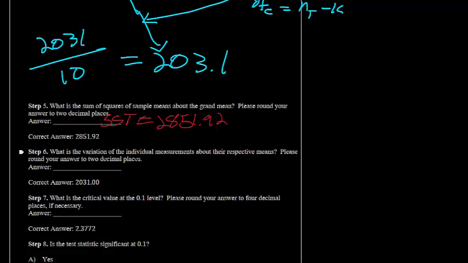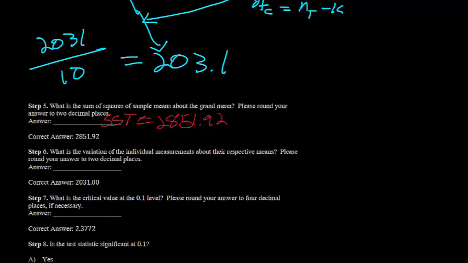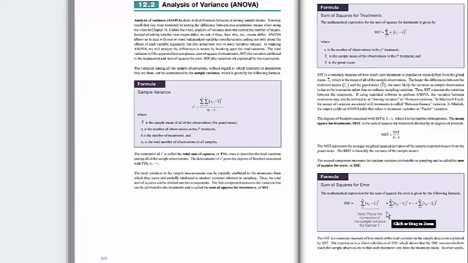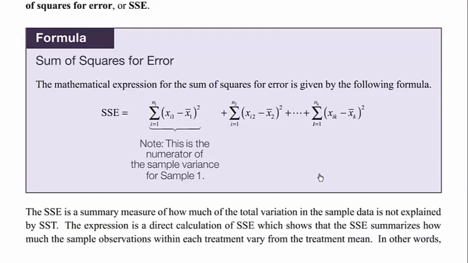What is the variation of the individual measurements about their respective means? Same idea. There's no real mathematical calculation here, but we're asking for the sum of squares of the errors. Note that each one of these, when we add them all together, is a single observation, I1, I2, IK, and so on, separated from their means.